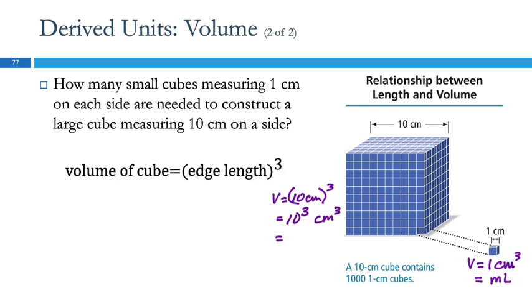And that is called a liter. So a liter is 10 to the 3rd cubic centimeters. So a liter is 1,000 times larger than a milliliter. A milliliter is 10 to the minus 3 liters.